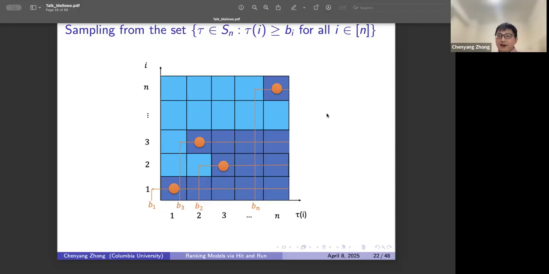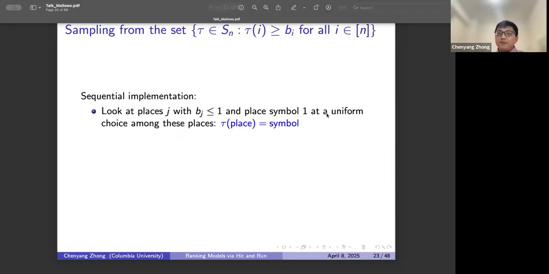And so we can see there are a lot of permutations that could satisfy those constraints. And in order to sample uniformly from those sets, there is actually a nice sequential implementation that would only involve n sampling steps in order to sequentially determine the coordinates of tau.